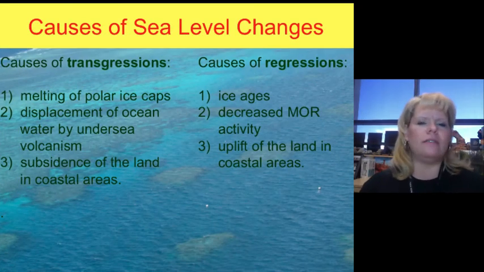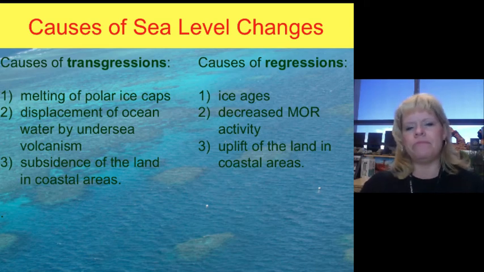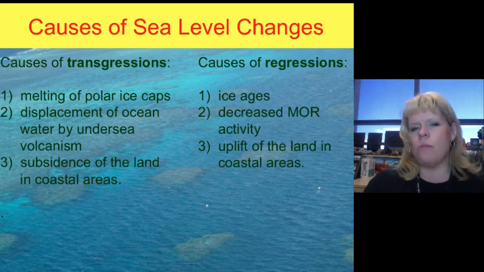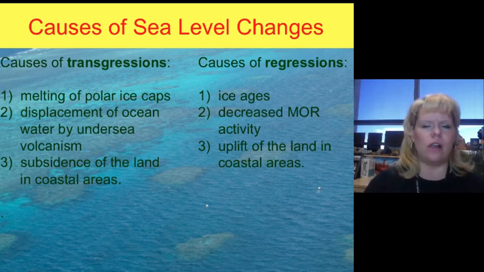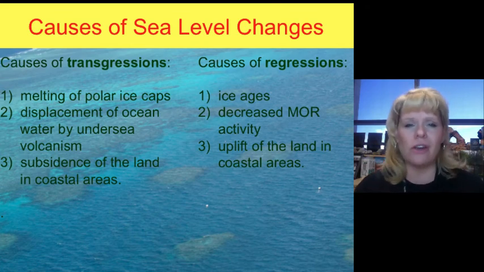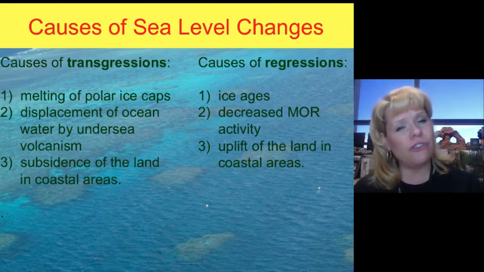So what are the causes of these sea level changes? Let's start with transgressions. First sea level change cause of a transgression would be the melting of polar ice caps. You're like, well, duh. Really, you need to think more about that. It's not just the land, and really it is not very much related to land glaciers as much as it is to sea ice.